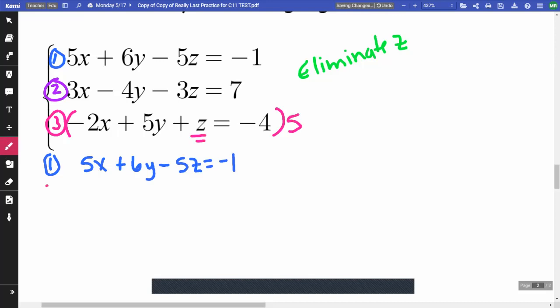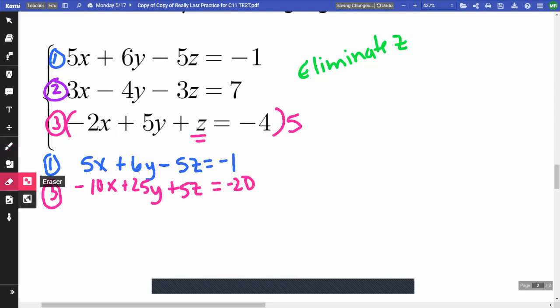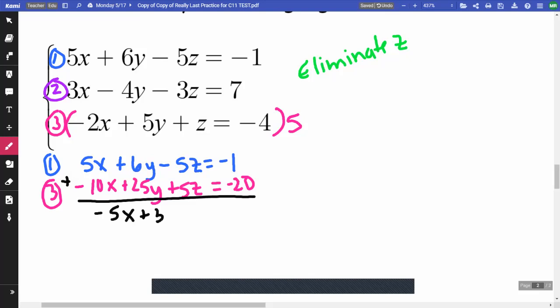So that's going to be a negative 10x plus 25y plus 5z is equal to a negative 20. When I add these together, my x's, I get a negative 5x, I get a 31y, my z's cancel out, and I get a negative 21. So I'm going to call this one equation 4.